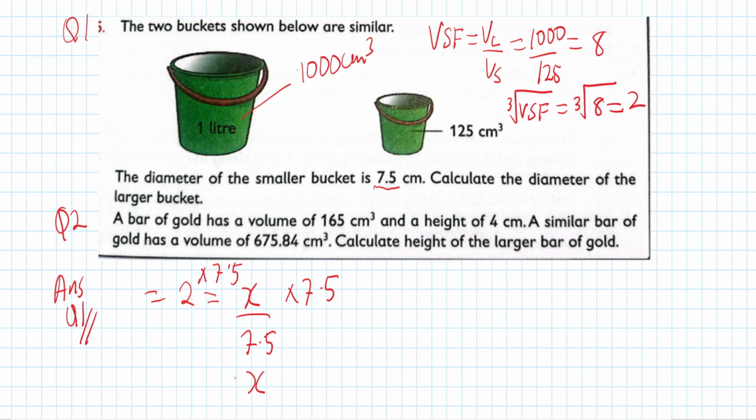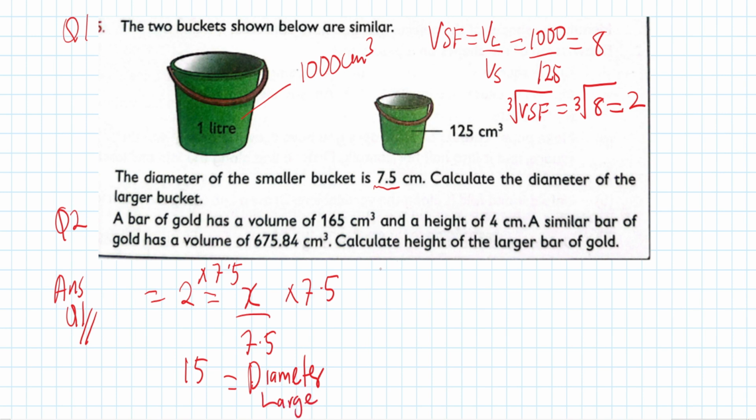And therefore x is equal to 2 times 7.5, which will give us 15 centimeter. So that is the diameter of the larger bucket. Hopefully that is understood.